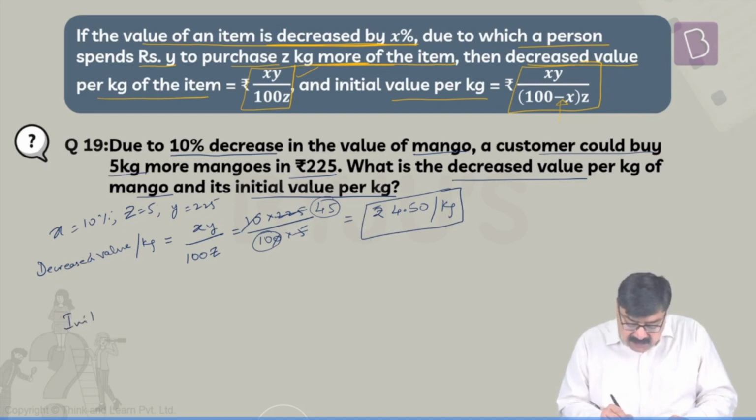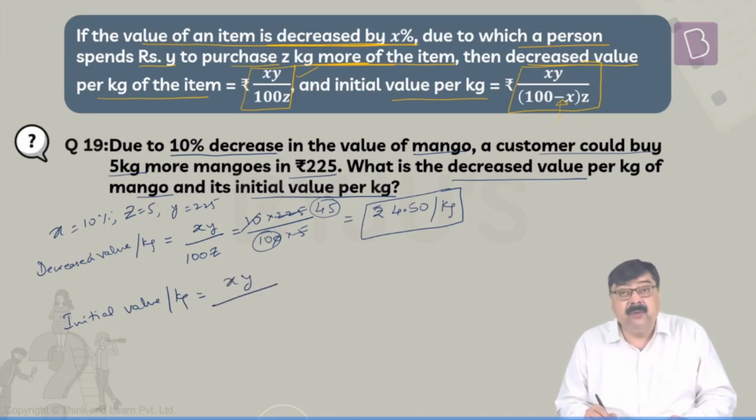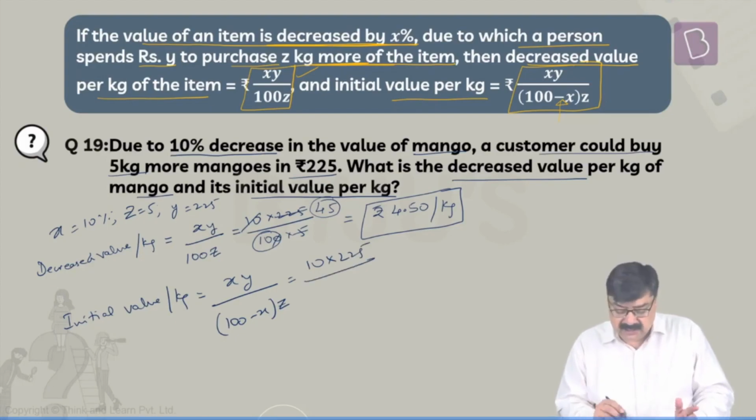Well, initial value per kg shall be found out using the formula XY by 100 minus X into Z. That is 10 into 225 by 100 minus X. X is how much? 10. So directly we will write 90 here into 5. So the zeros will cancel here.